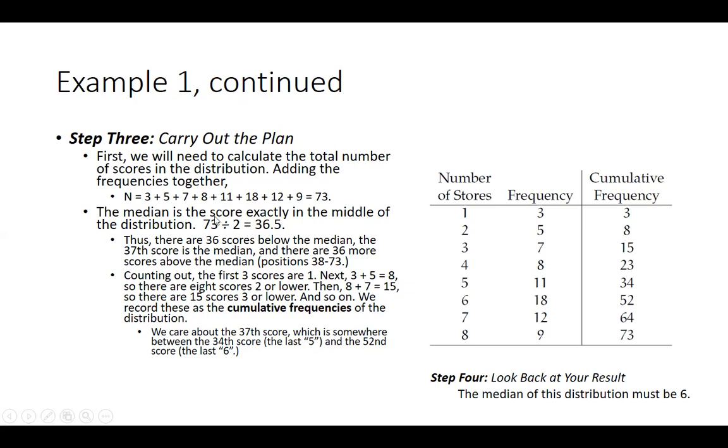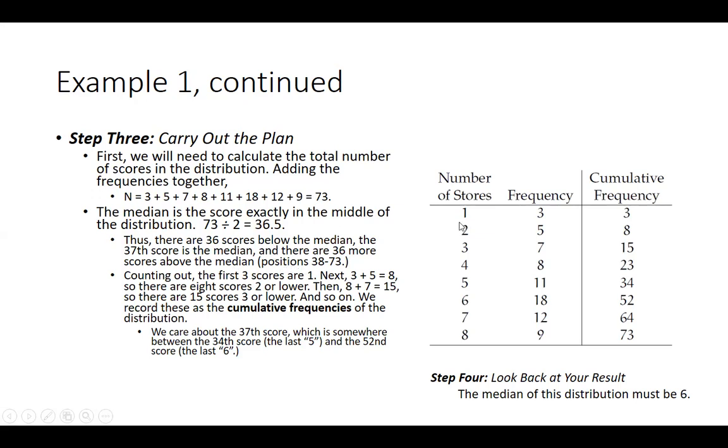The median is the score exactly in the middle of the distribution. 73 divided by 2 is 36.5. Thus, there are 36 scores below the median. The 37th score would be the median. And there are 36 more scores above the median in positions 38 through 73.